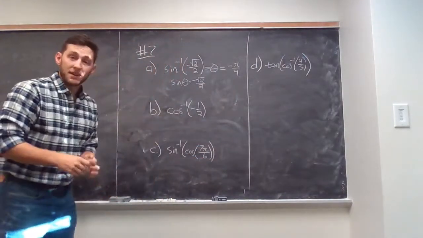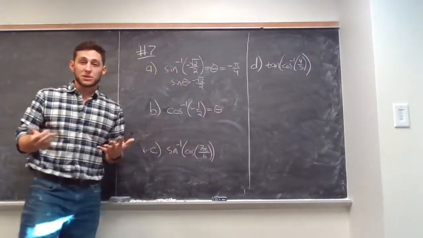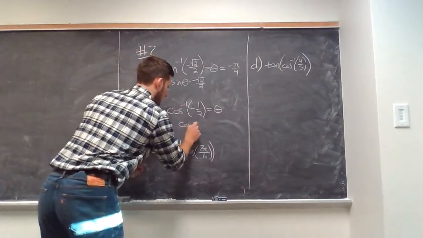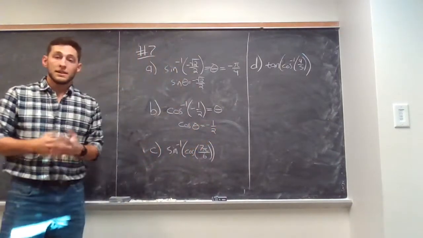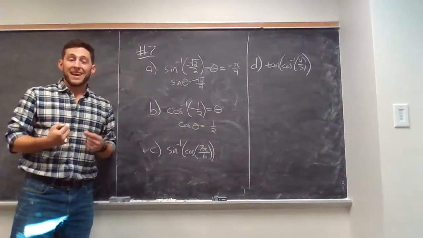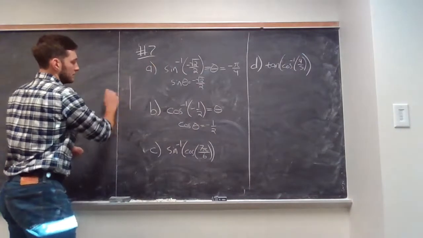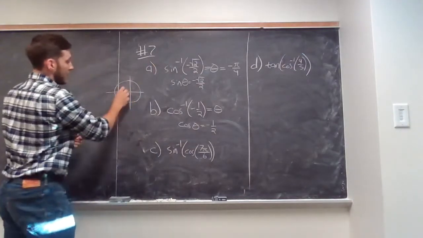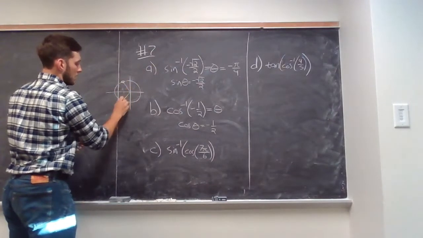Inverse cosine of negative 1/2, we treat the same way. Let's set that equal to an angle. This statement translates to cosine of theta equals negative 1/2. Now we have to ask ourselves, for what angle is the x-coordinate negative 1/2? Well, yet again, if I draw a unit circle, x-coordinate negative 1/2 either happens here or here.